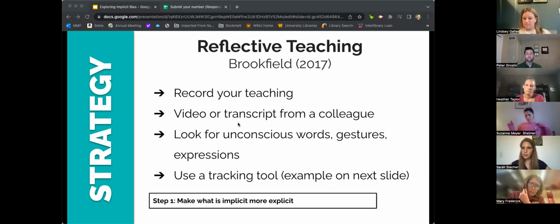You can also pay attention to the things that you're saying. And one of the ways that I like to do that is specifically what questions you are asking students. So are you asking certain students only those low-level basic questions and then saving your really rich conceptual questions for other students? That's something to be aware of.